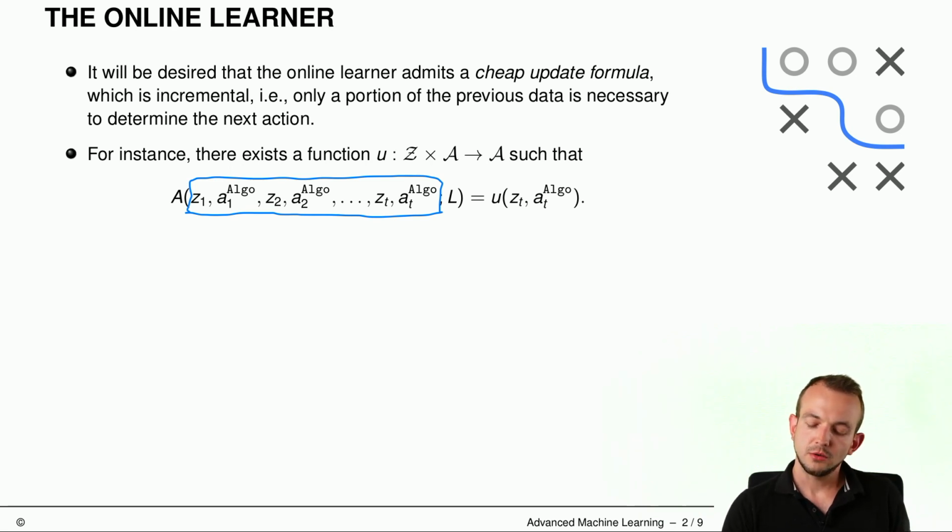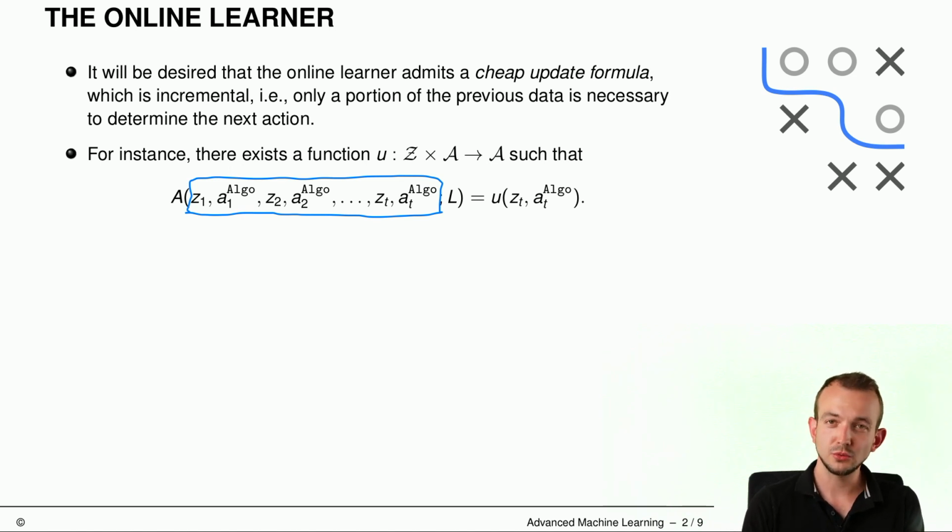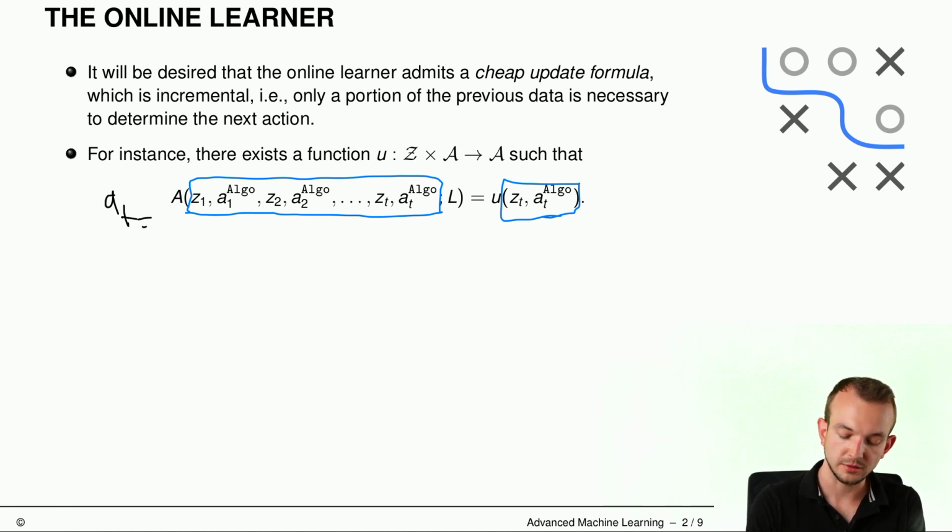So what we look for is a mapping A such that we can condense it to the most recent, in the ideal case, pair of environmental data point and action. So that all we need to do to specify the next action is to plug in the most recent pair of environmental data point and action to get the next action. This is what we see here.